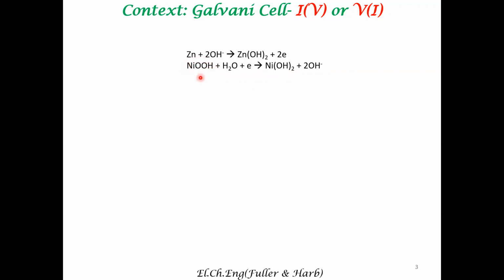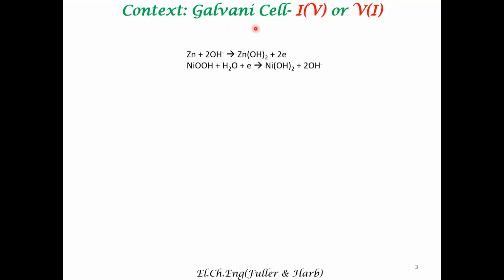Even if you take into account hydrogen addition to this compound, nickel oxyhydroxide gets converted to nickel hydroxide. So there is an addition of hydrogen, so this compound gets reduced. This chemical intuition will tell you that this is going to generate potential, as the overall reaction would be an exothermic reaction. That's why we are referring to this as a Galvani cell.